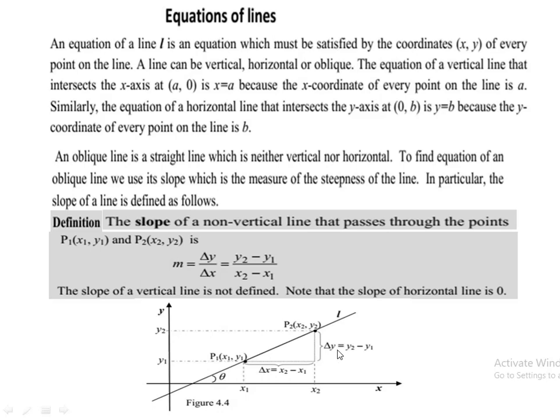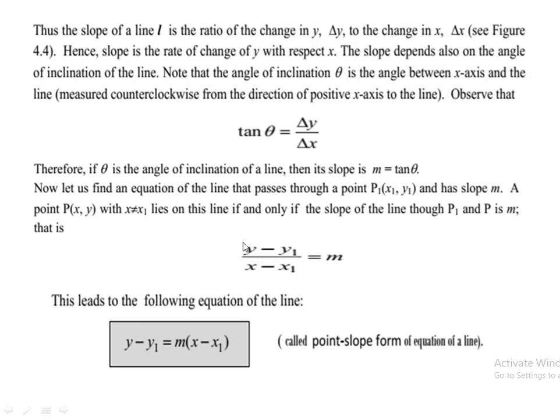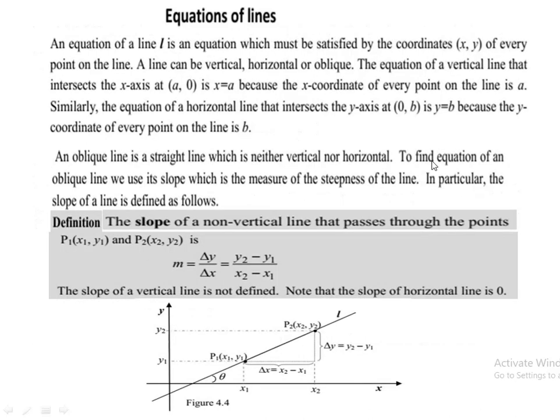So what is the slope? We said change in y over change in x. The change in y here is y2 minus y1, and the change in x is x2 minus x1. So our slope m is change in y over change in x, which is the same as (y2 minus y1) over (x2 minus x1). Thus the slope of a line L is simply the ratio of the change in y to the change in x, that is m equals change in y over change in x.